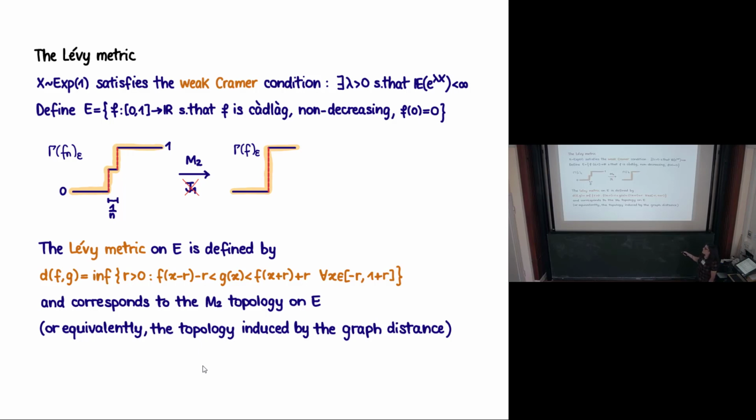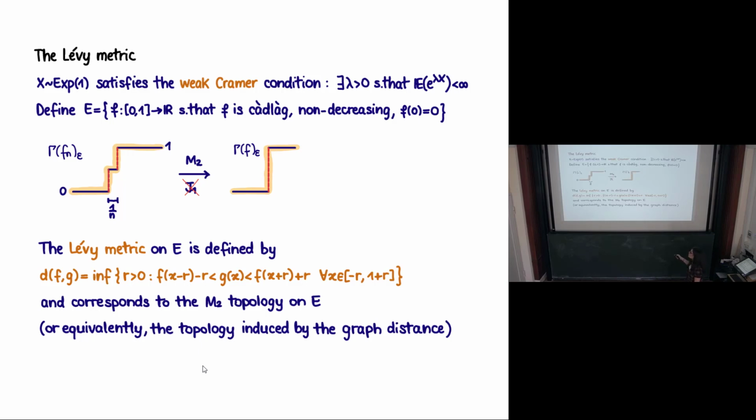You look at the epsilon fattening of this curve. Then if you consider the superposition of these two epsilon fattenings, they need to be close. Or, as it was said in the previous talk, if you look at the superposition of the two graphs, the biggest error you can make needs to be smaller than epsilon. Then the distance between the two functions is said to be less than epsilon.